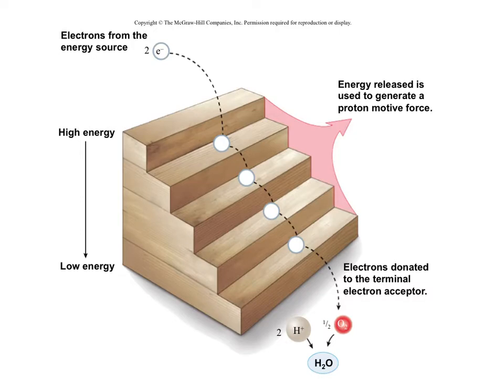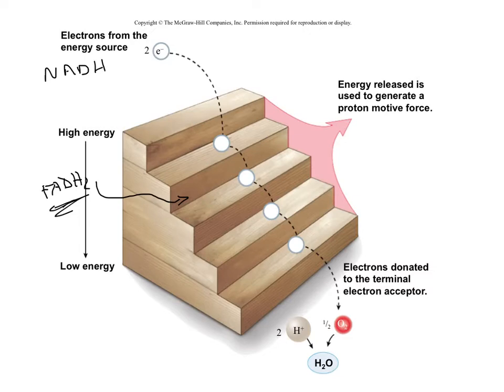We have electrons, which are our energy source, and they're going to come from NADH, let's just say for now. If they came from FADH2, perhaps they enter down here. It's just a way to think about it. There's less energy associated with the electrons in the FADH2 than in the NADH.